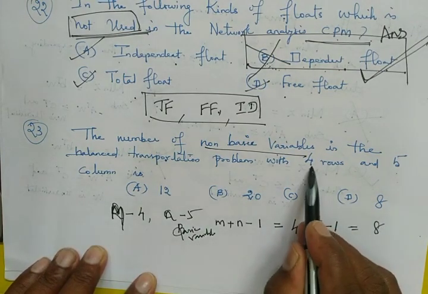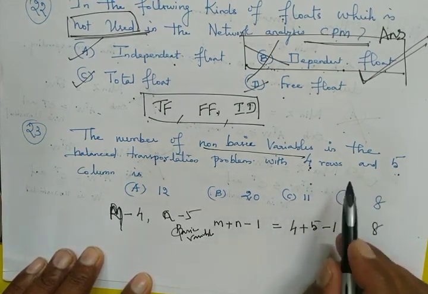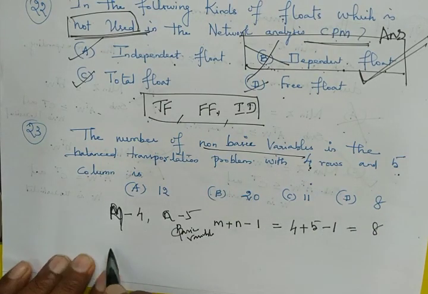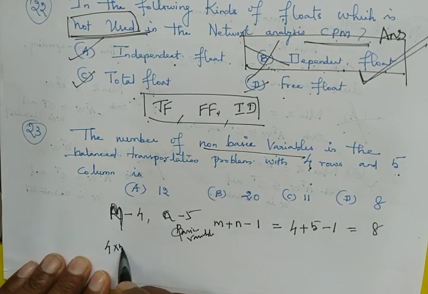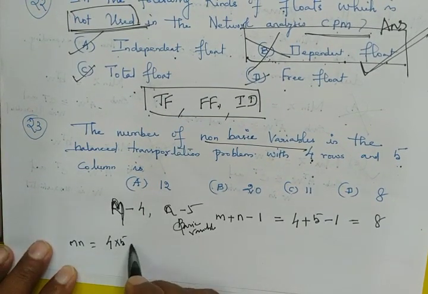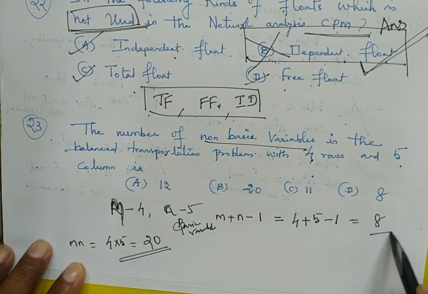Actually, here there are 4 rows and 5 columns. So how many variables are involved totally? 4 into 5, that is mn. 4 into 5, 20 variables are involved in this problem. In these 20 variables, the basic variables number 8.